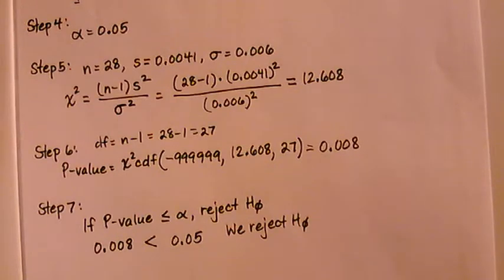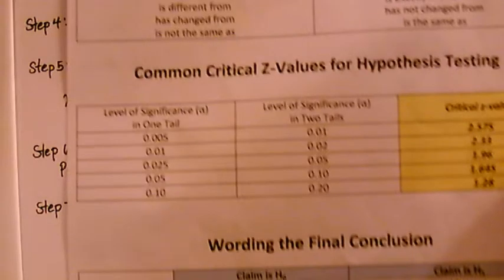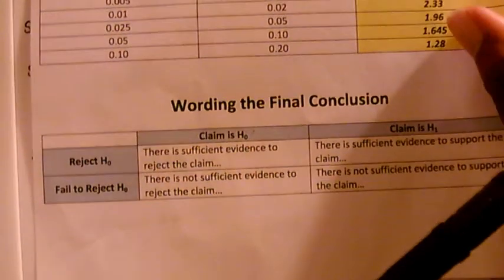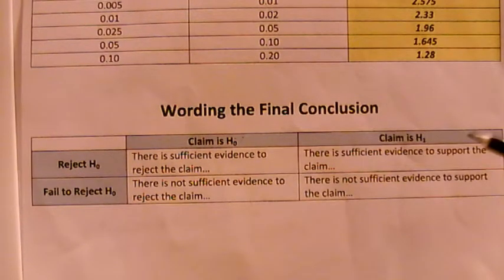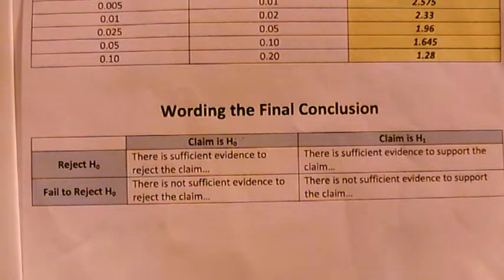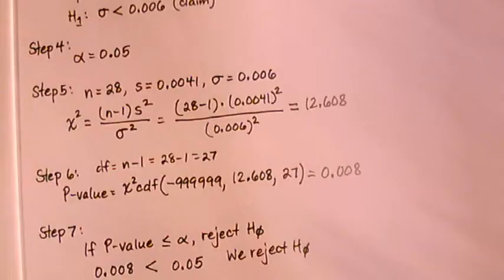If we reject the null hypothesis, then that means that there is sufficient evidence to support the claim. The claim was the alternative hypothesis. We reject the null, so there is sufficient evidence to support the claim.